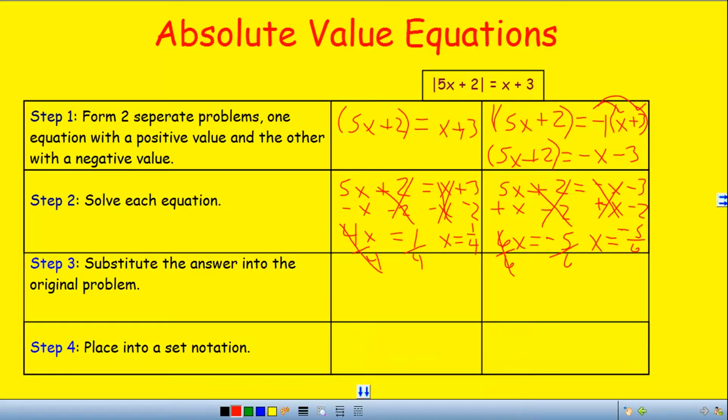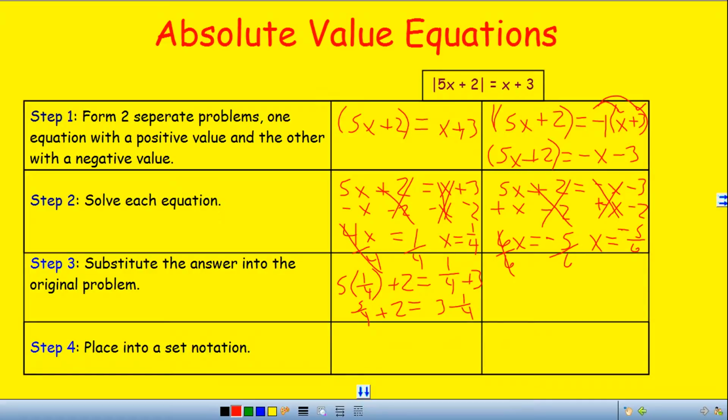So let's go ahead and substitute the answers into the original problem to check it. Remember my x is 1/4. So I'm going to do 5 times 1/4 plus 2 equals 1/4 plus 3. 5 times 1/4 is the same as 5/4 plus 2 equals 1/4 plus 3 is 3 1/4.